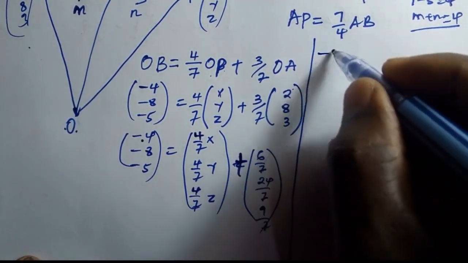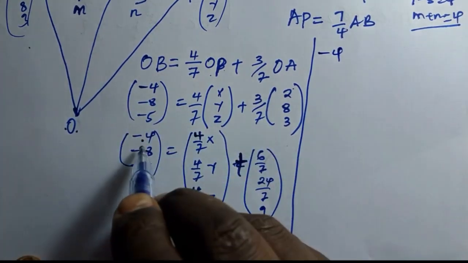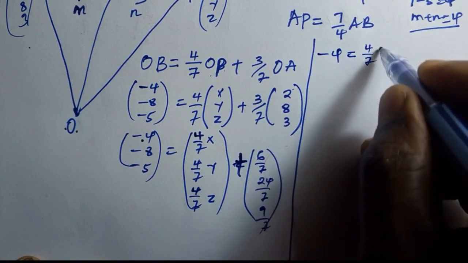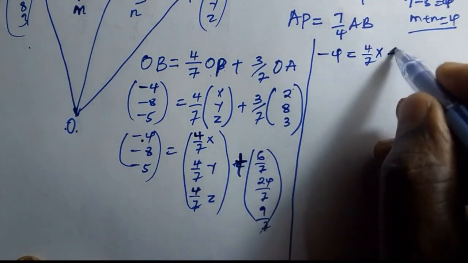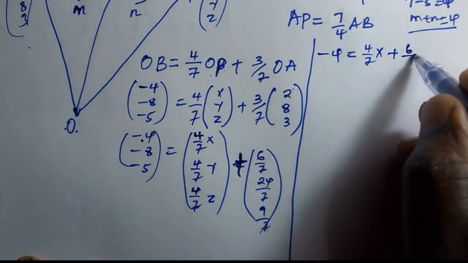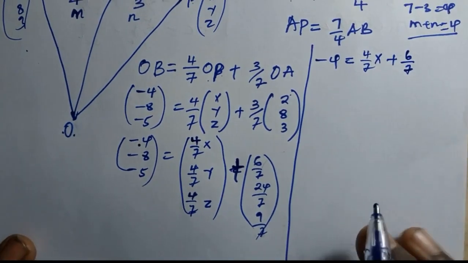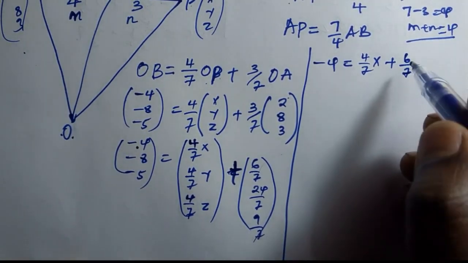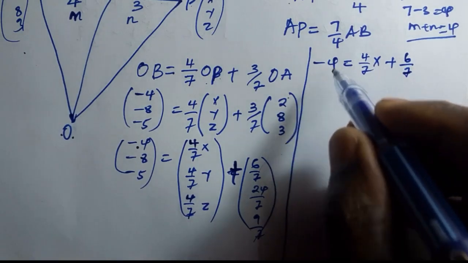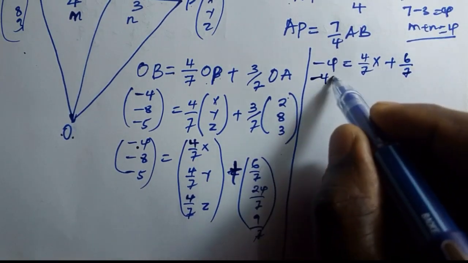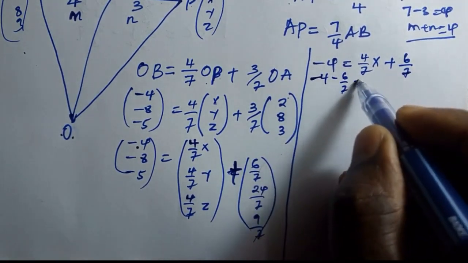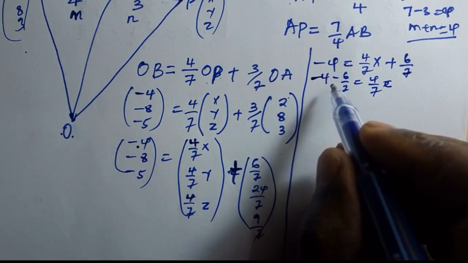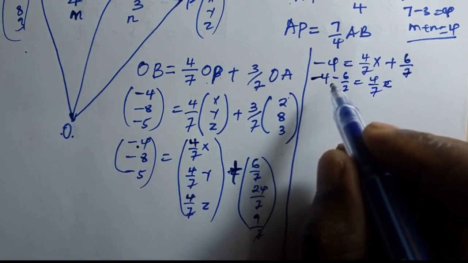So we'll say -4 ya kwanza is equal to 4 over 7x plus 6 over 7. Now from there you put like terms together to get the value of x. You bring this one here, itakuwa minus. -4 minus 6 over 7 is equal to 4 over 7x. Use your calculator.